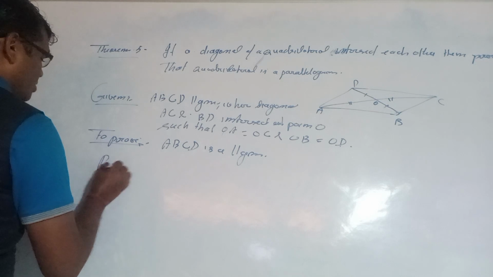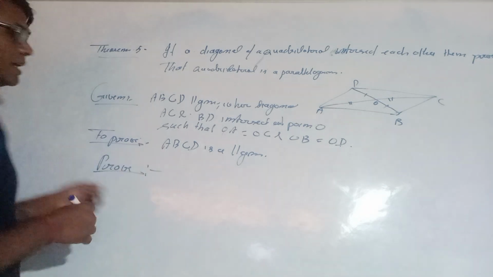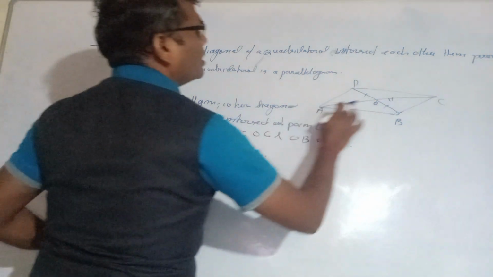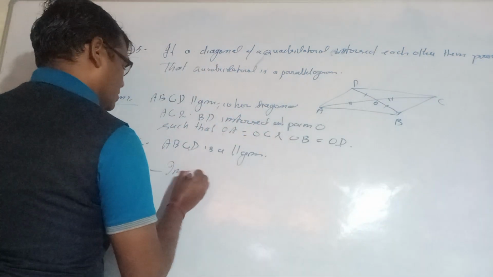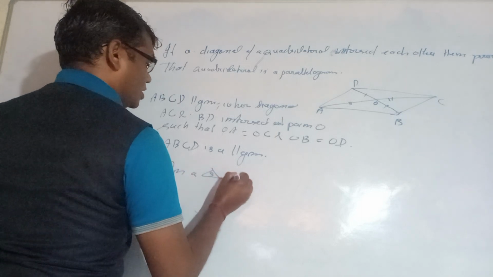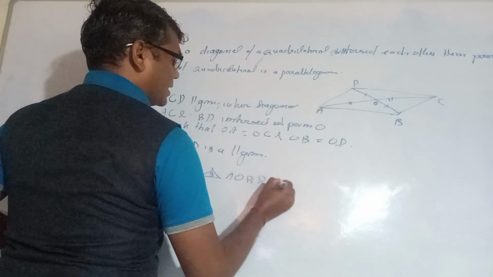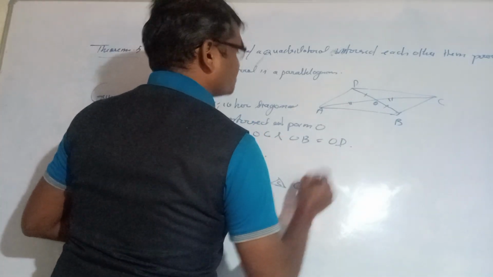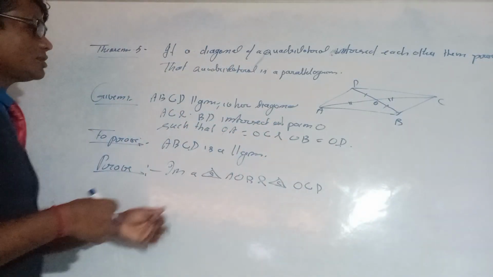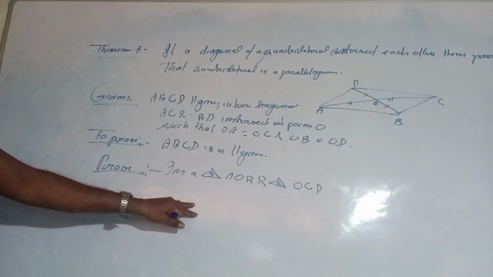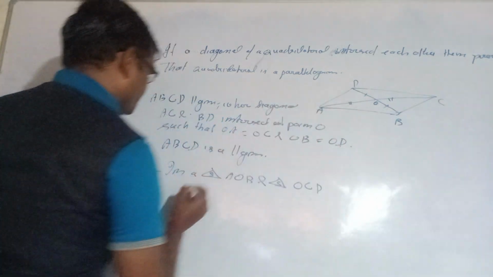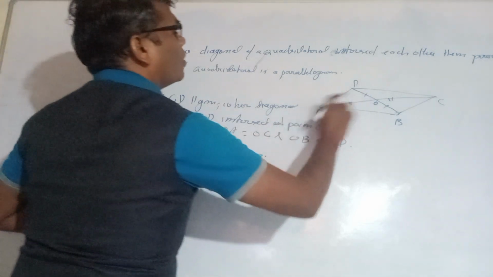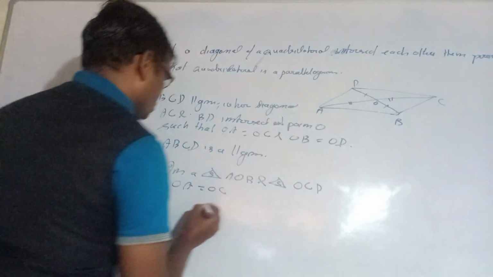So here we start proving. Starting from the triangles AOB and OCD, in triangles AOB and OCD, OA is equal to OC and OB is equal to OD.